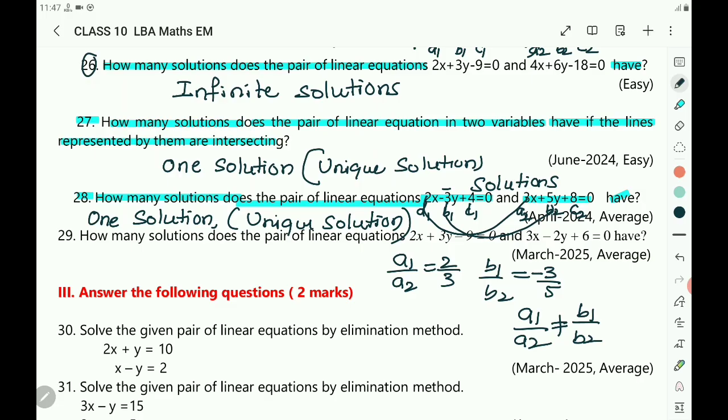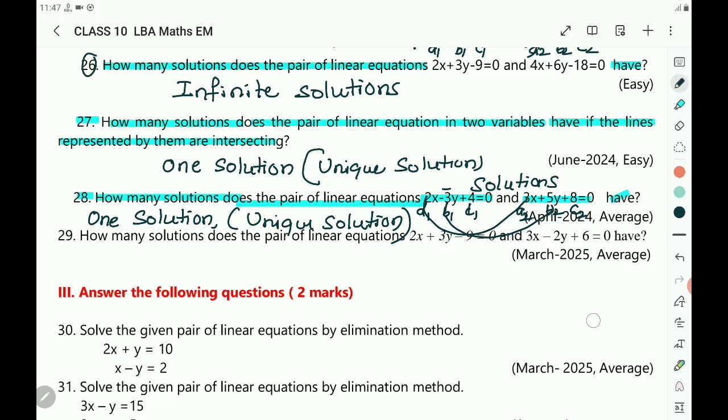Then you take the next question. Question number 29. How many solutions does the pair of linear equations 2x plus 3y minus 9 equals 0 and 3x minus 2y plus 6 equals 0 have? Again you find A1 by A2, B1 by B2 and C1 by C2. A1 by A2 is 2 by 3.